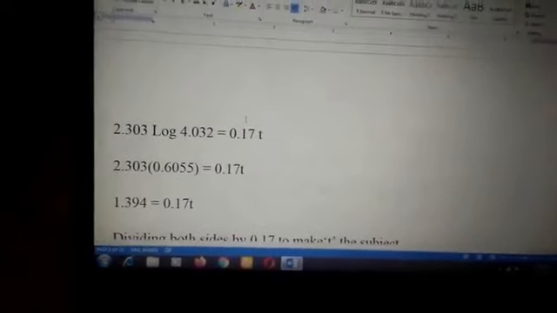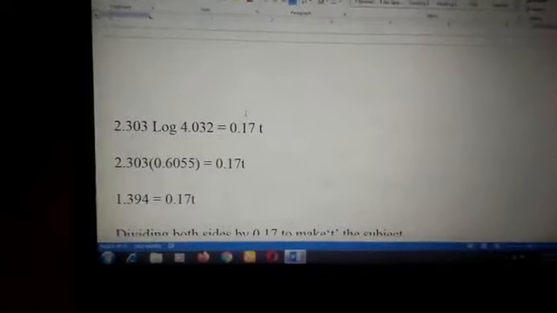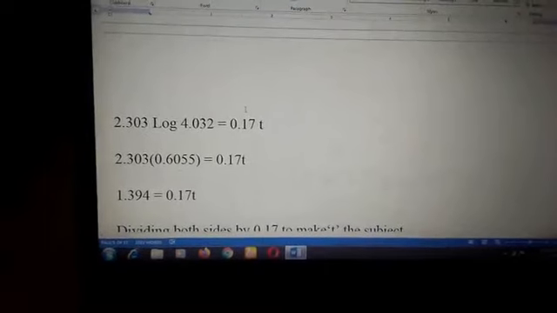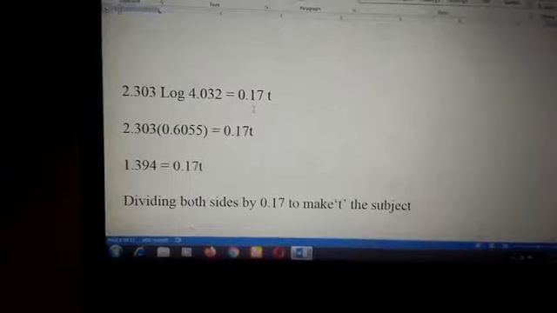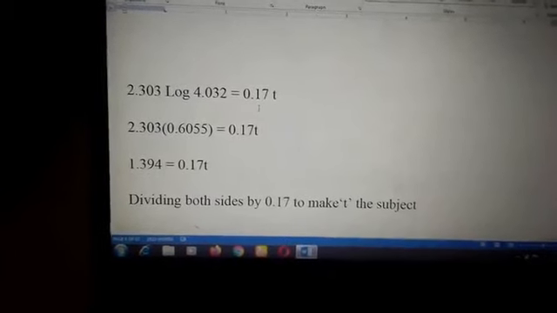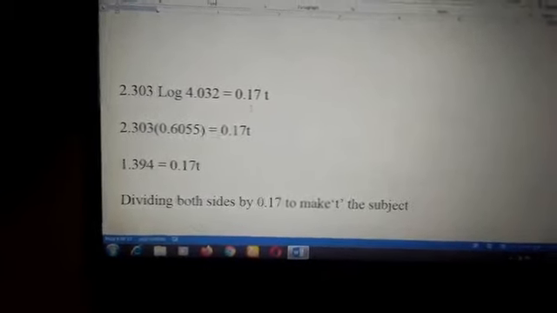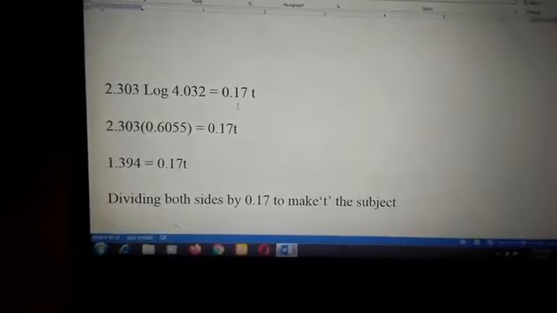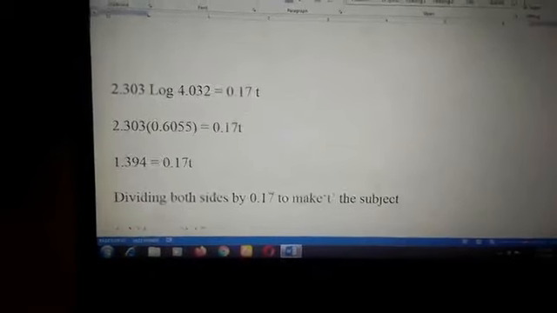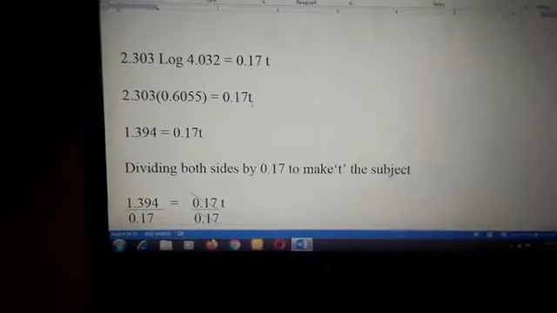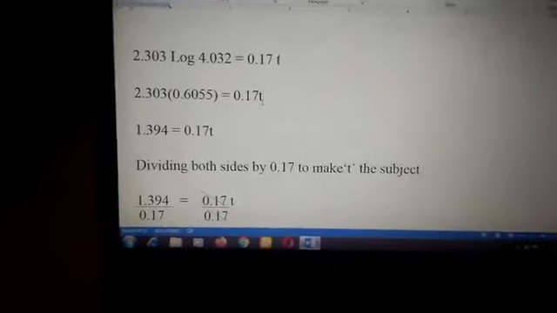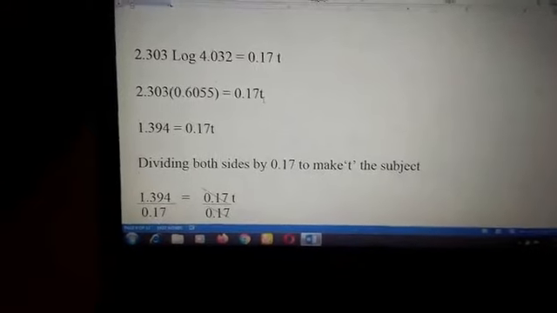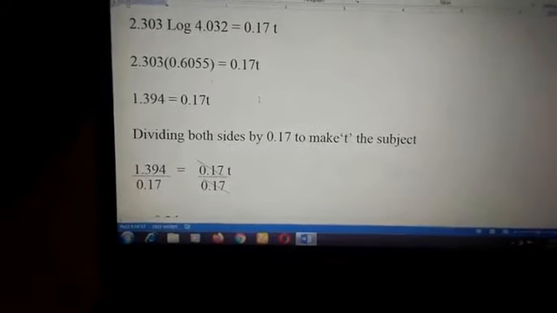We now find log 4.032, and that will give us 0.6055, multiplied by 2.303, equal to the right-hand side 0.17t. Then we multiply 2.303 by the log value 0.6055 and we get 1.394 equal to 0.17t.